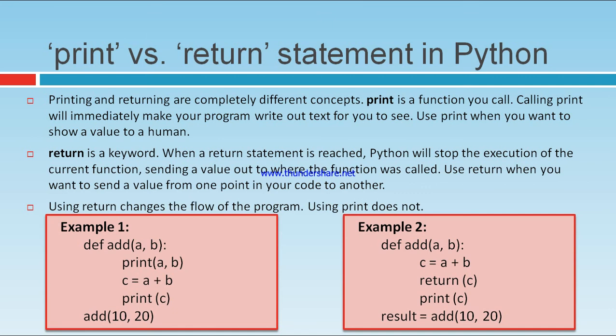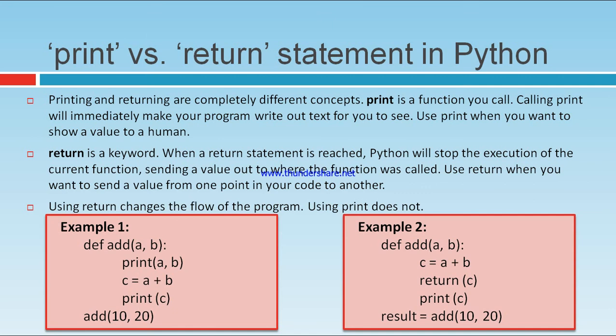In example 2, the calling statement is result equal to add 10 comma 20. Here we put result equal to. Why? Because the add function is going to return a value and we have to store this value into a variable. So variable name result, then equal to, then add 10 comma 20. It is the proper calling line of this example 2 add function.